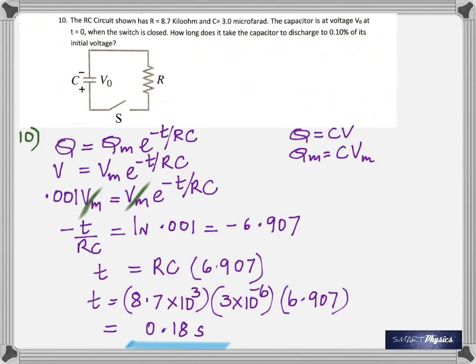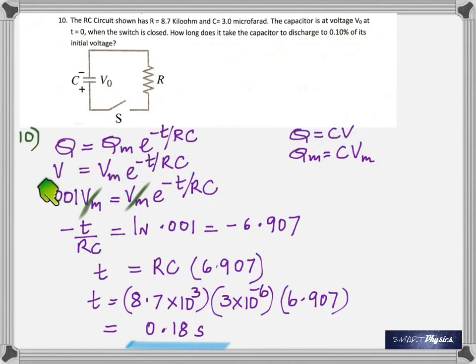So this is about discharging, and for discharge the equation is a little different in that there's no 1 minus, and if that's the equation for charge, then because charge is proportional to the voltage, the equation for voltage will also be the same because the C's will cancel out, right?